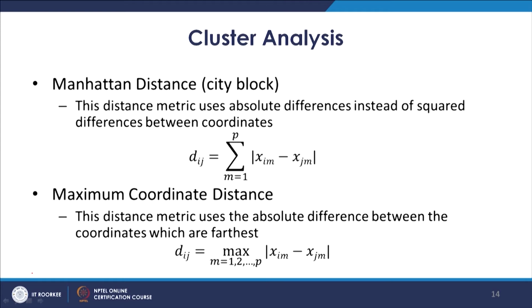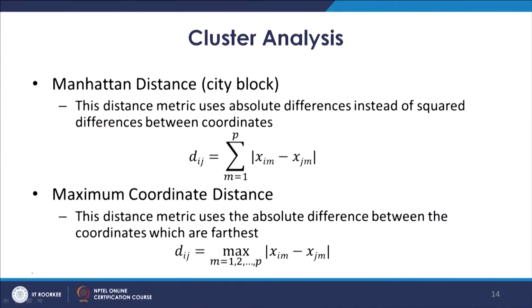In the other distance metrics, more often than not we are using summation: for the different coordinates, we take differences or absolute differences or square differences, summate all those values, and use the final value as the distance between two observations. However, in maximum coordinate distance, we are just identifying the two particular coordinates which are farthest in comparison to other pairs of coordinates.